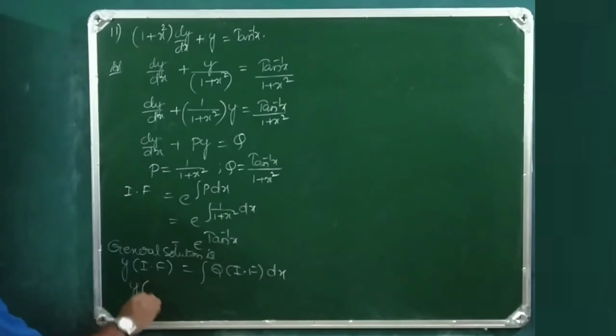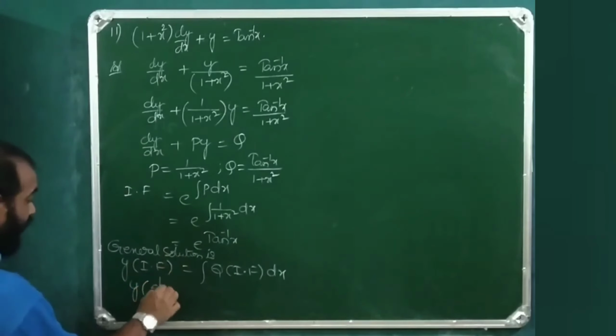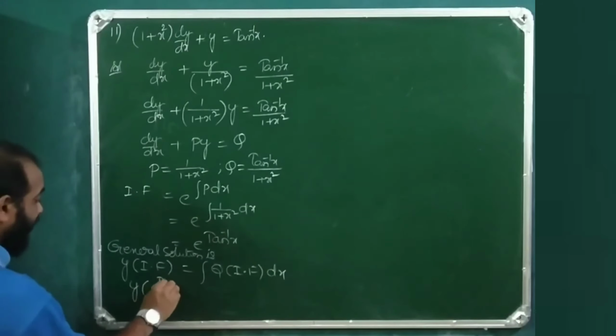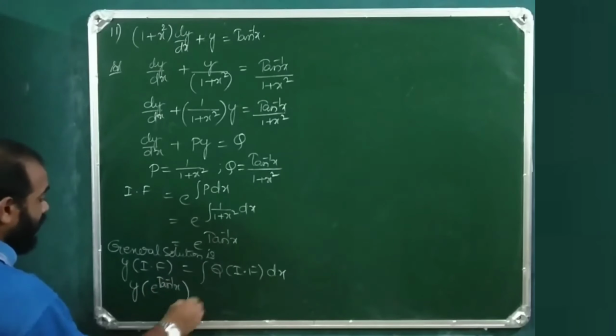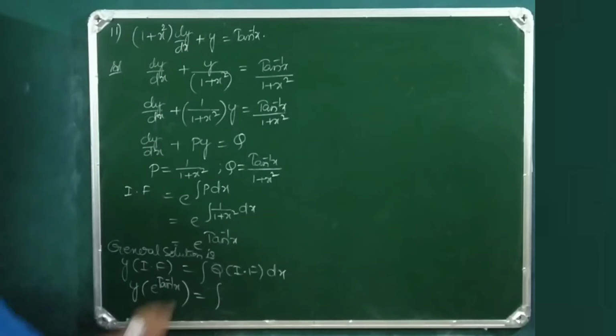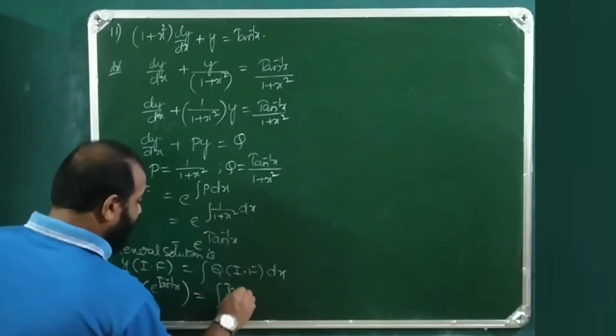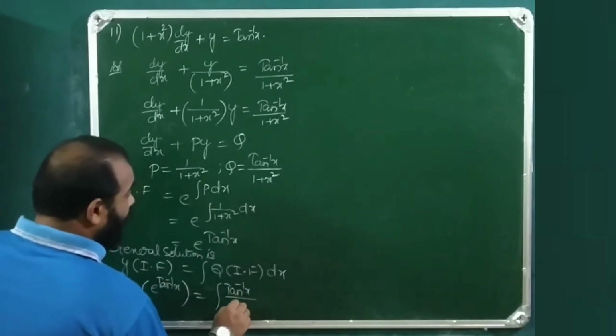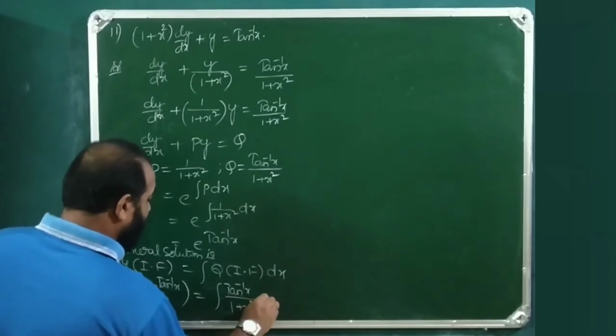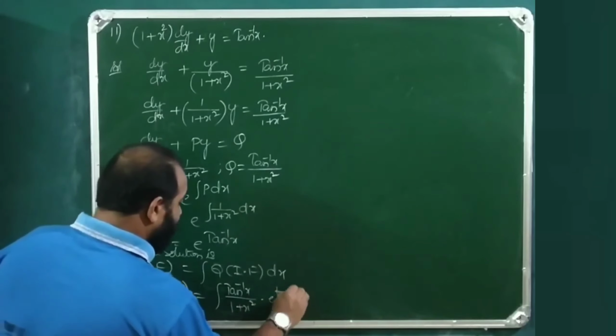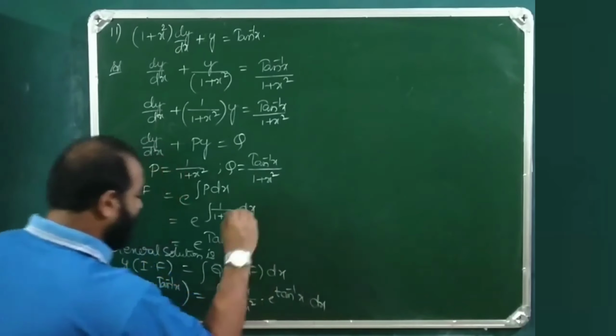So y into e power tan inverse x is equal to integral of tan inverse x by (1 plus x square) into e power tan inverse x dx.